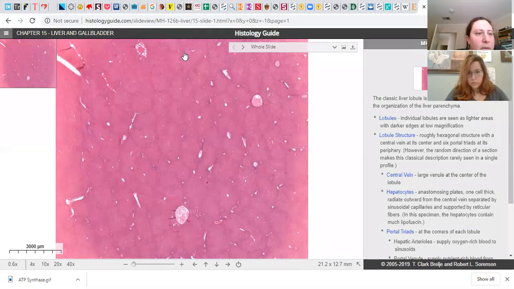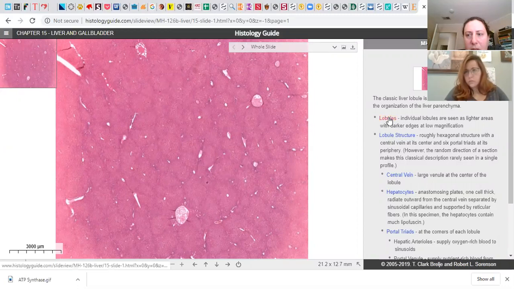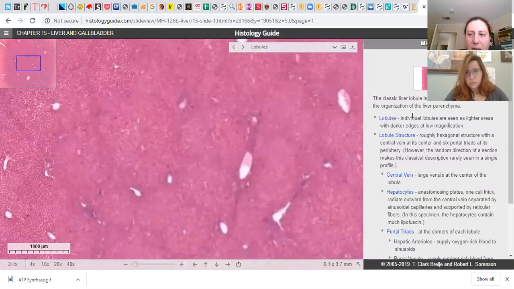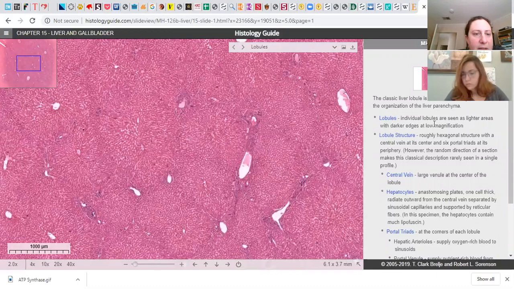Even when you look at it here, you can kind of see this vague texturing, right? That vague texturing is the lobules, because that's what it's talking about here when it says the lighter areas. And when you zoom in on this, these smaller circles, most of these guys are going to be those central veins.